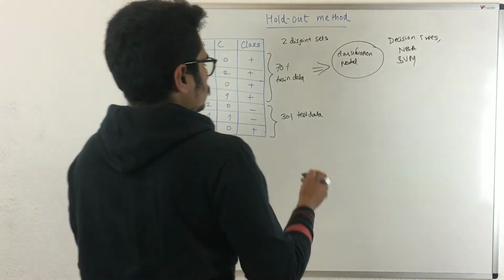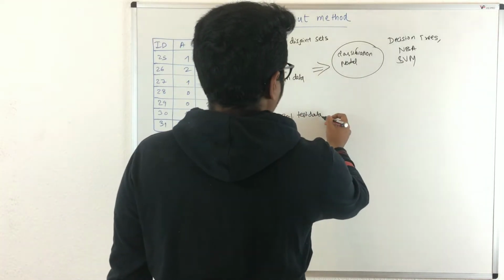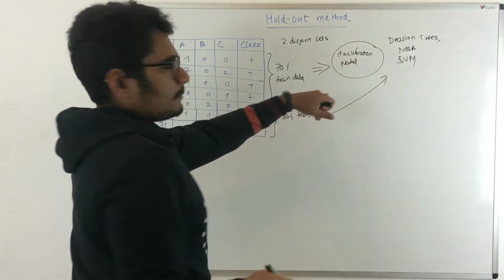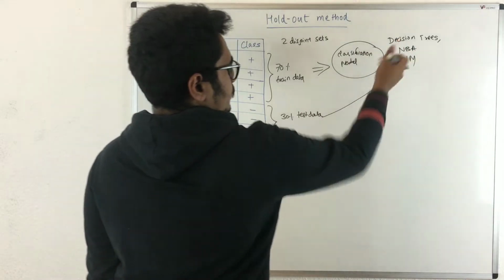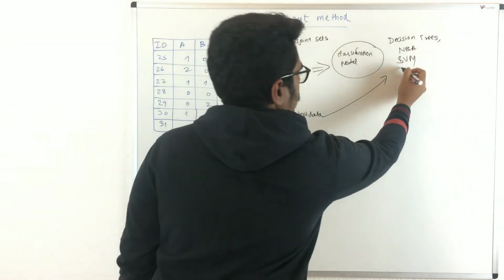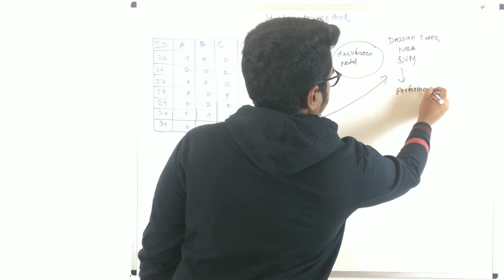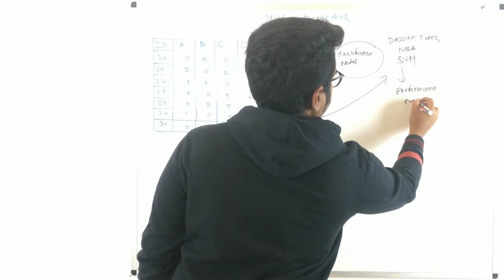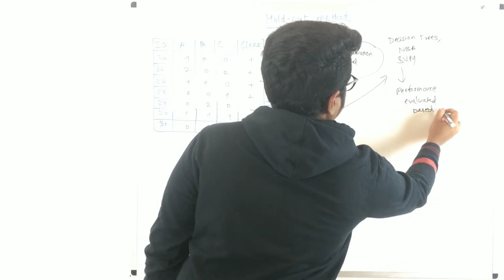Now our main aim is to accurately evaluate this. So our test data, which is not seen by this model, these are the unknown samples. We just test on this to evaluate the performance. So performance is evaluated based upon test data.